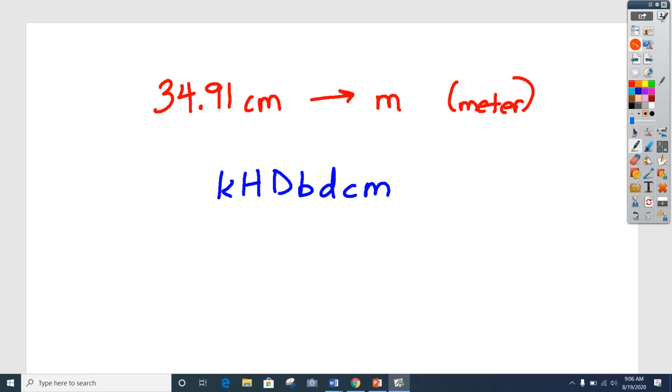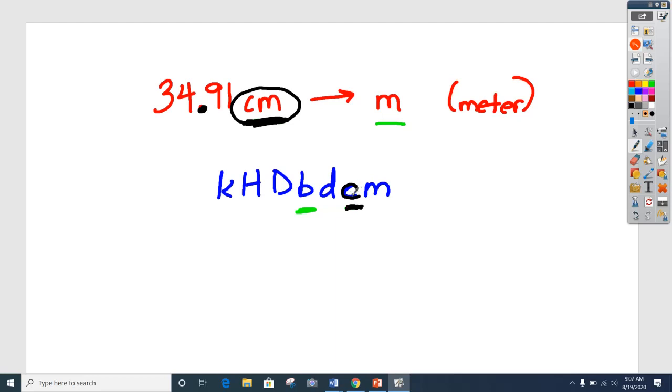Focus on the two units given in the problem, centi and meter. Meter is part of my base. Now look at the number that's given, find your decimal, and put your finger or a pencil on the unit that goes with that number. In this case, I'm focused on the centi.